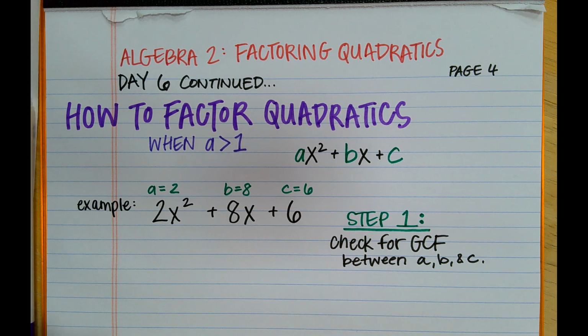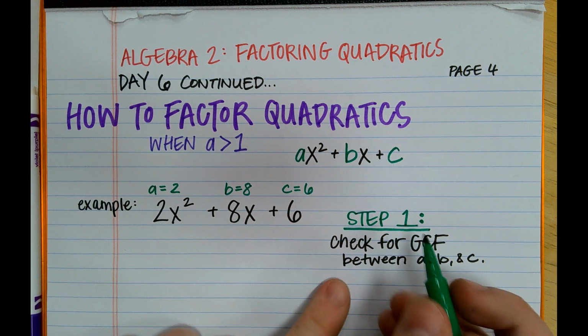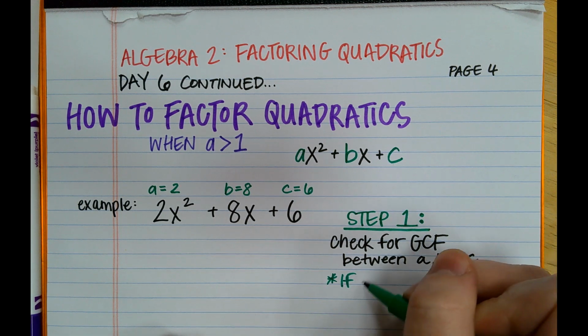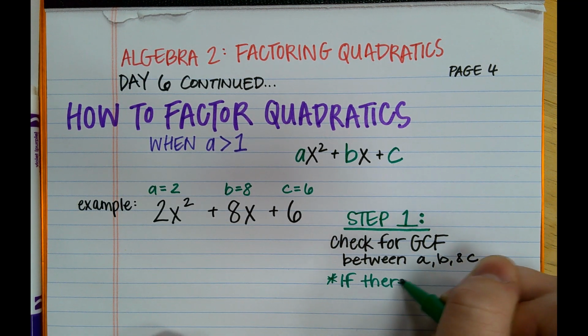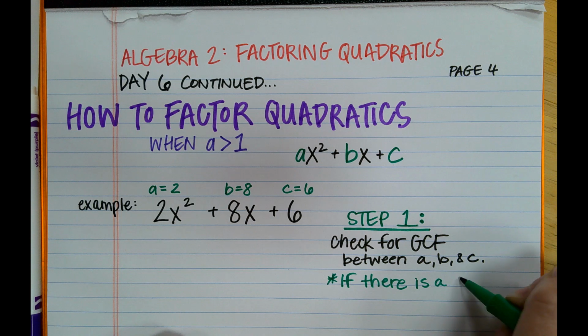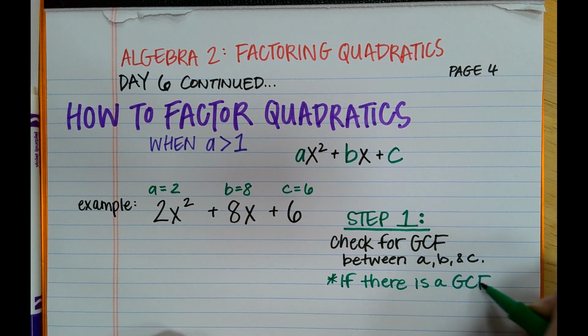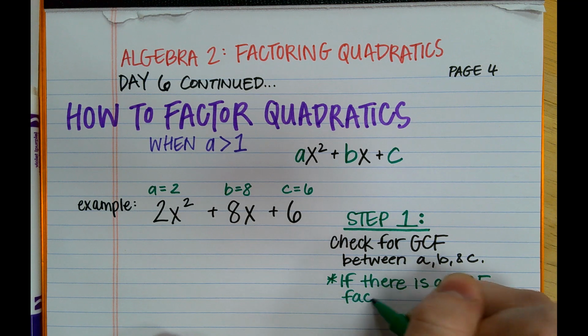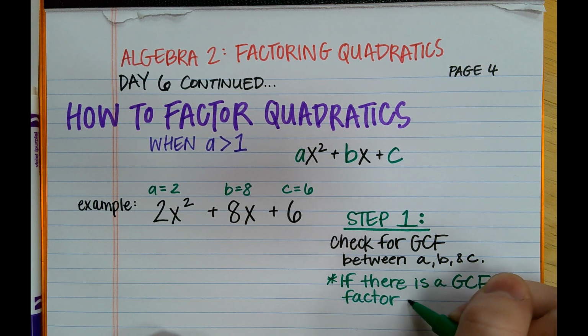So if there is a GCF, this is still step 1. Factor it out first, and I'll show you how we do that.